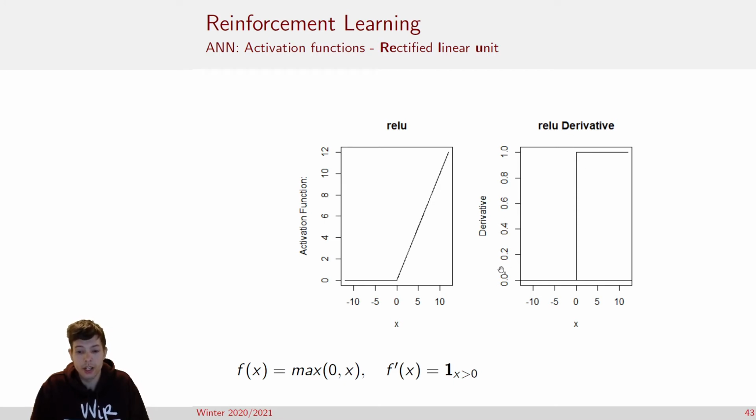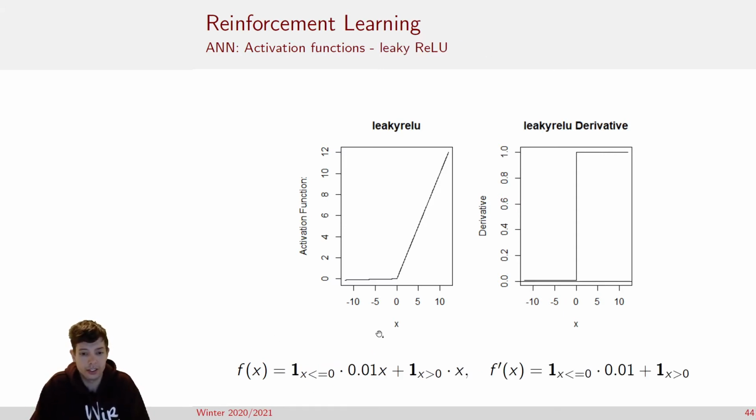This makes the derivative either equal to 0 for anything smaller than 0, or 1 for anything larger than 0. So this one, of course, really profits from its very quick computation. You can compute the gradient easily because the derivative is either 1 or 0, and you can compute the function very quickly as well because, again, it's either 0 or x. There's not much computation compared, for example, to the Swish or the sigmoid function.